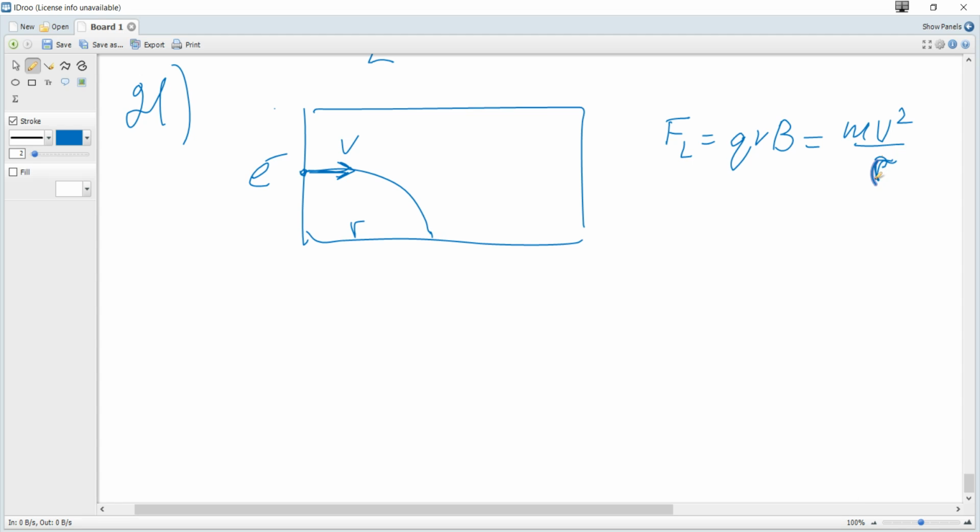Q is the elementary charge, e, one v cancels and it becomes eB equals mv over r. So v is directly proportional to r, and a straight line through the origin is expected. And it seems to be A. 21A is correct. 22.